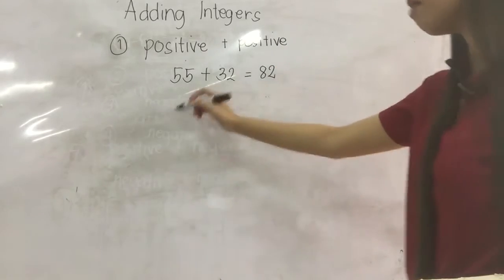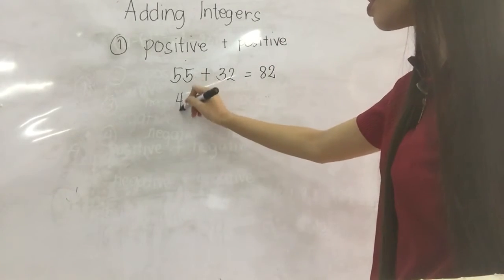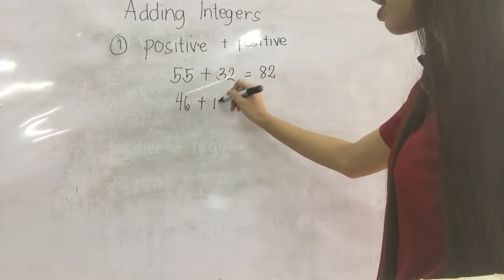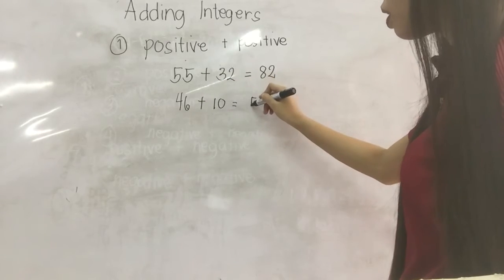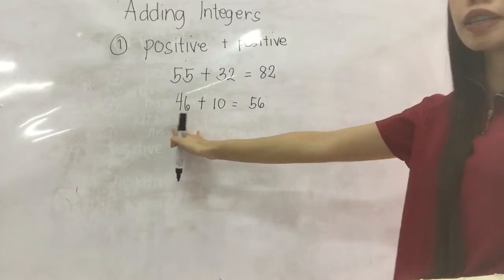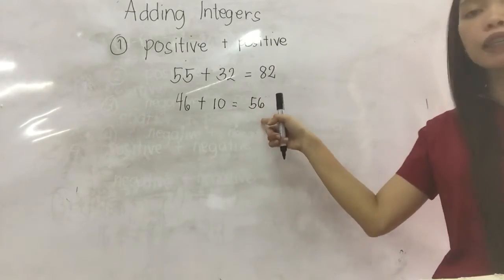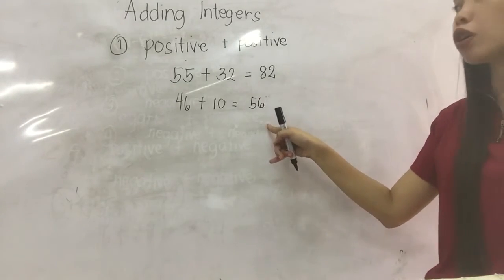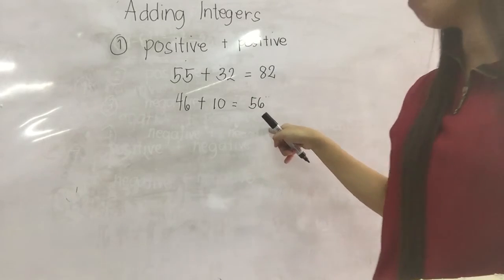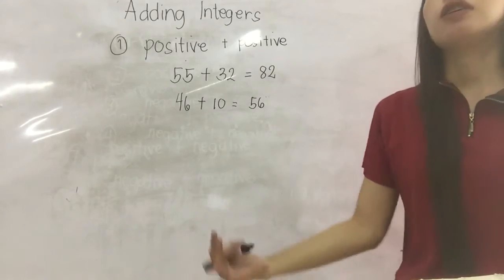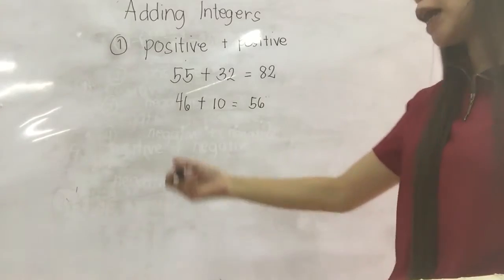Okay? For another example, 46 plus 10 is equal to 56. Positive 46 plus positive 10 is equal to positive 56. So, if you add positive numbers, the answer is also positive.